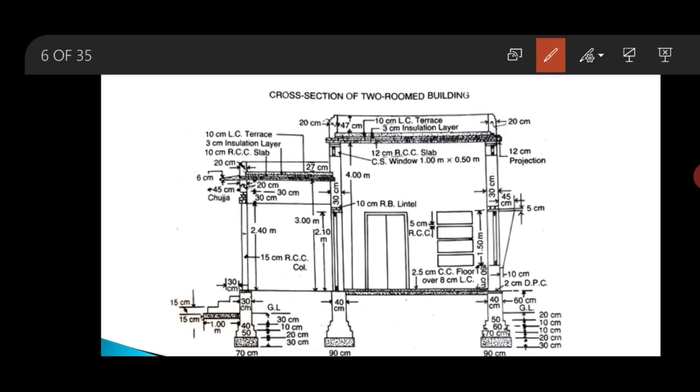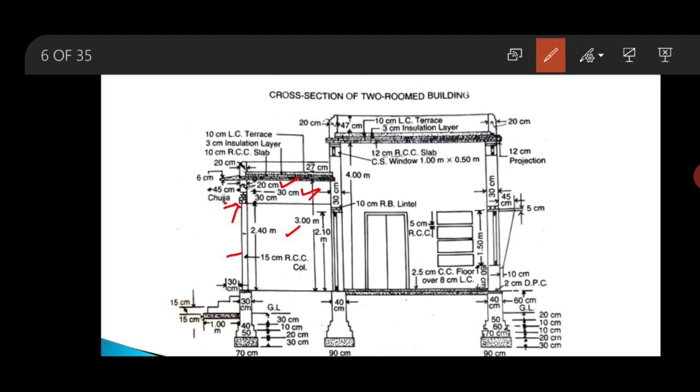This one is the veranda portion and this is the column, and above the column this one is the lintel, and above that you can see there is some brickwork. So this brickwork is of thickness 30 centimeter. See here, this is given 30 centimeter and the width of the brickwork is 20 centimeter.